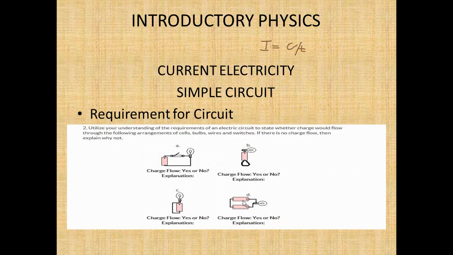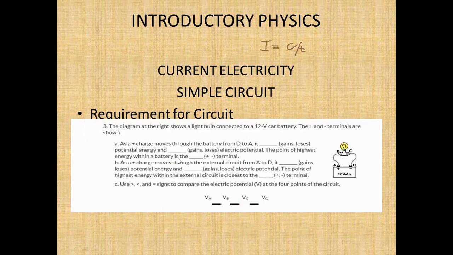The batteries have to be of different voltage. Then you'll get electric potential difference, then charge will flow. So in this case, you may get flow. Okay. So none of these. Only this one. If you close the switch, you'll get charge flowing. All right.